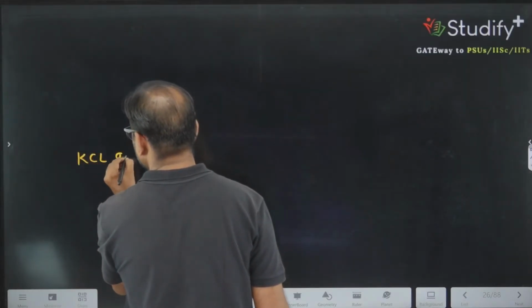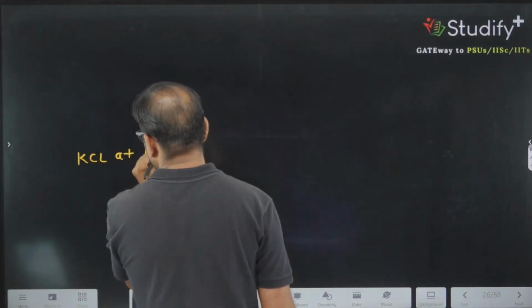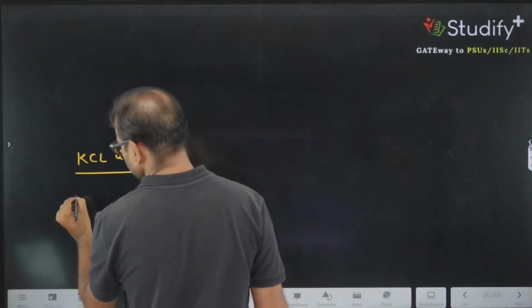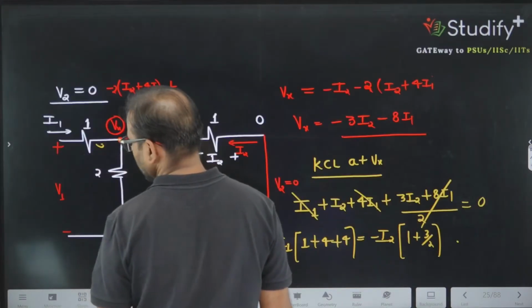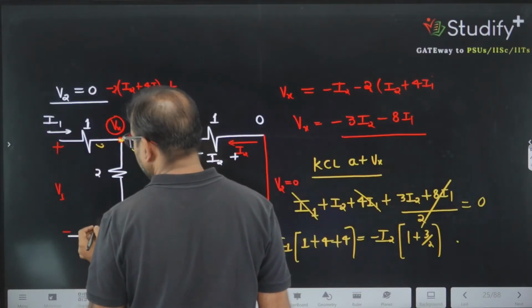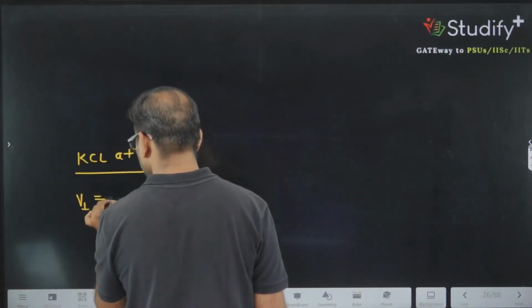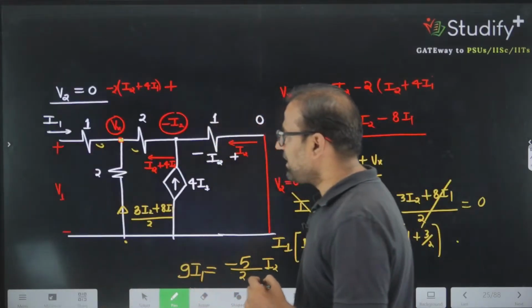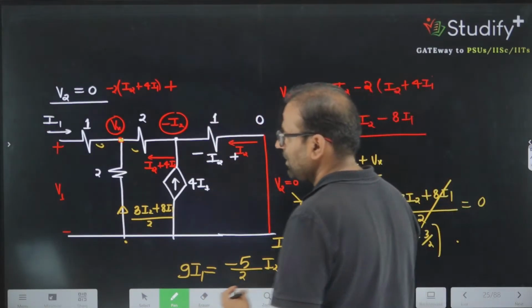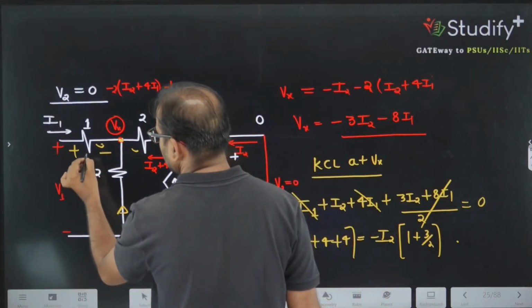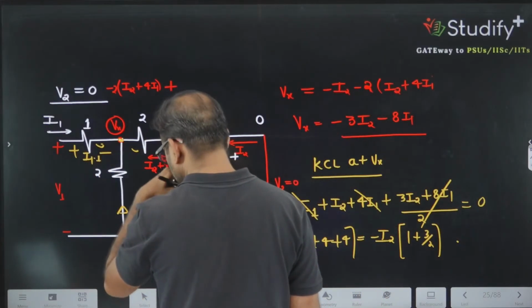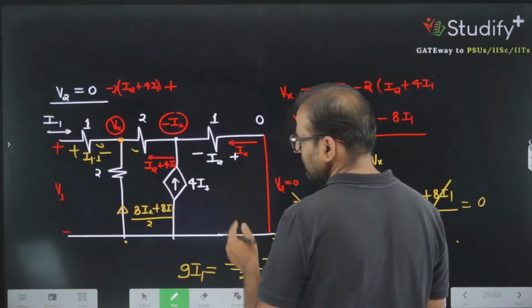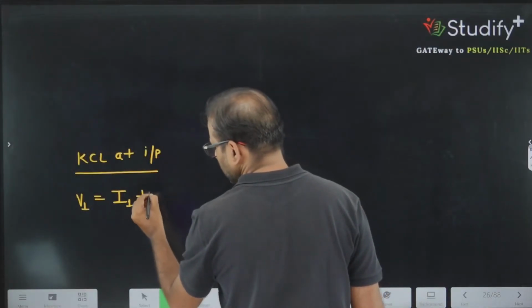KVL at the input: V1 is equivalent to I1 into 1, plus this potential Vx.